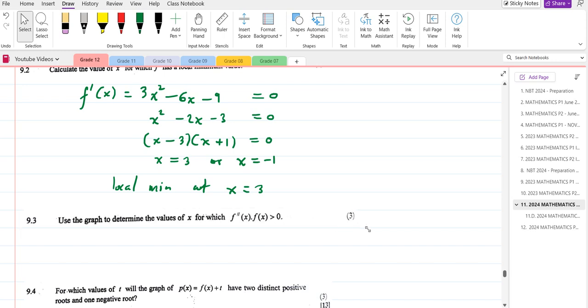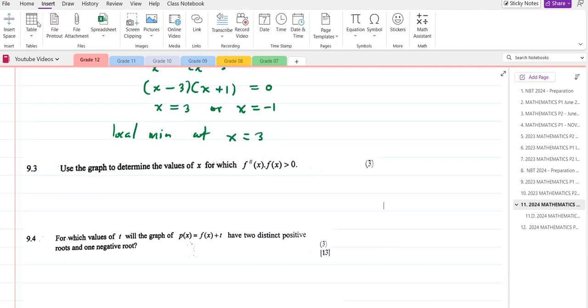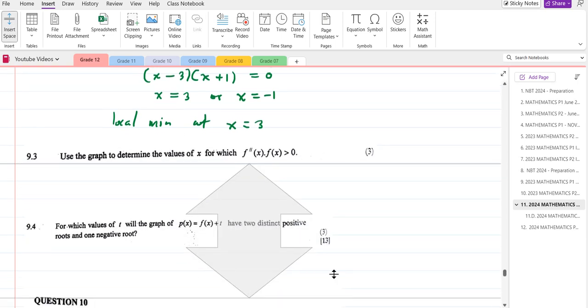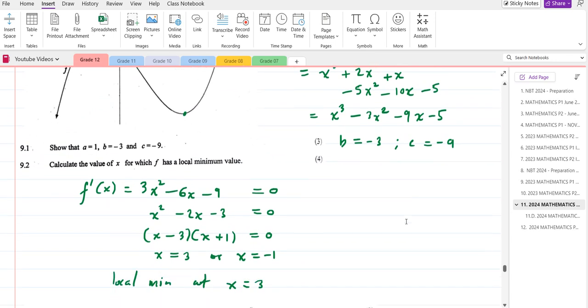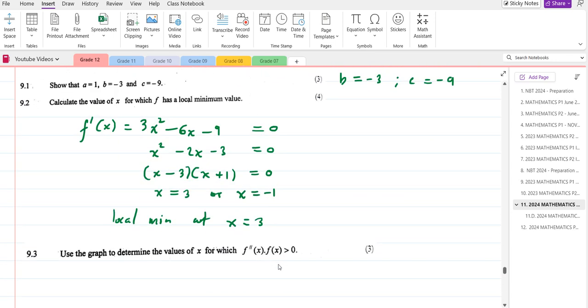f double prime x times f of x is greater than 0. So where is this graph concave up and positive, or concave down and negative?